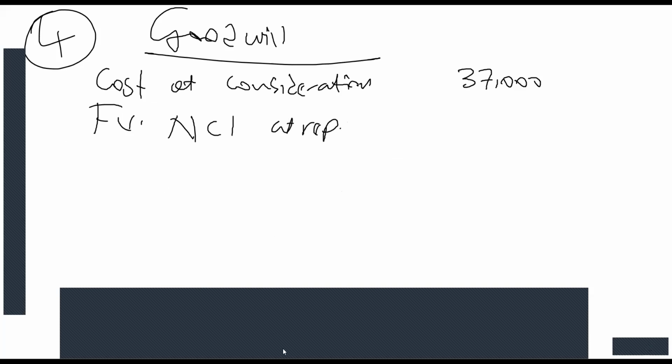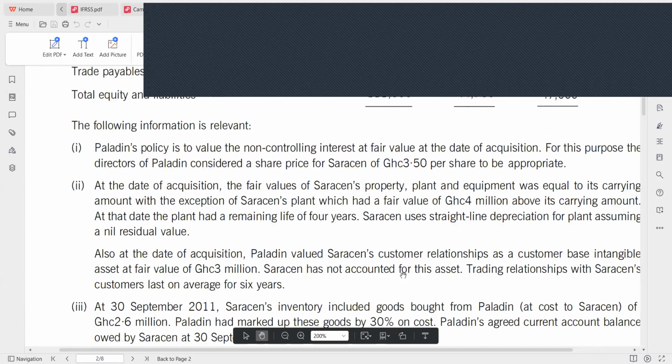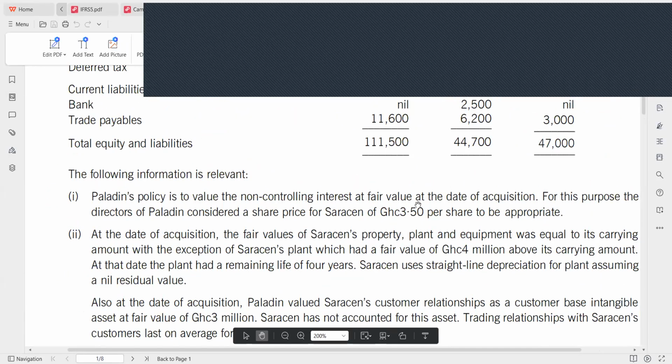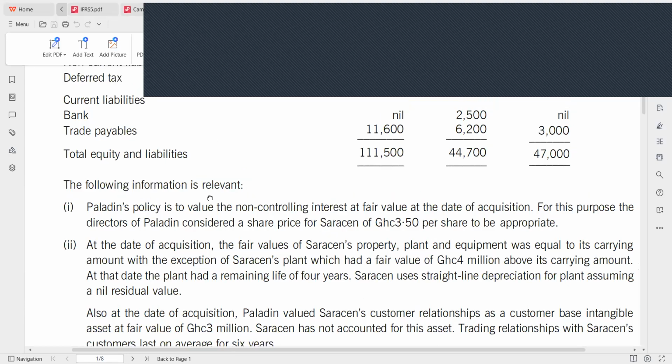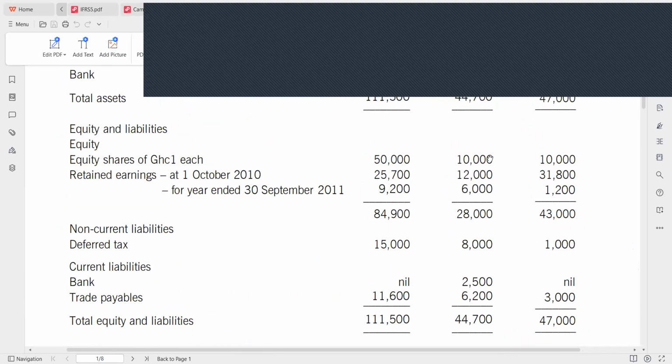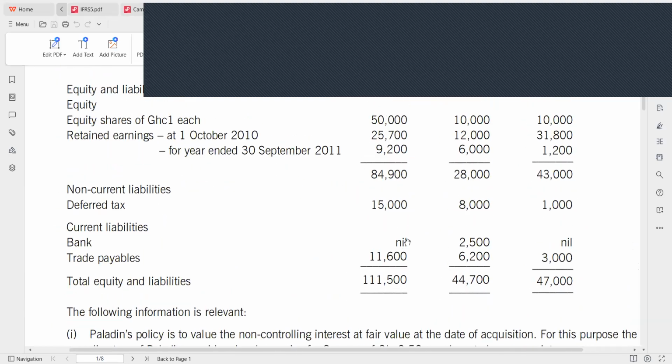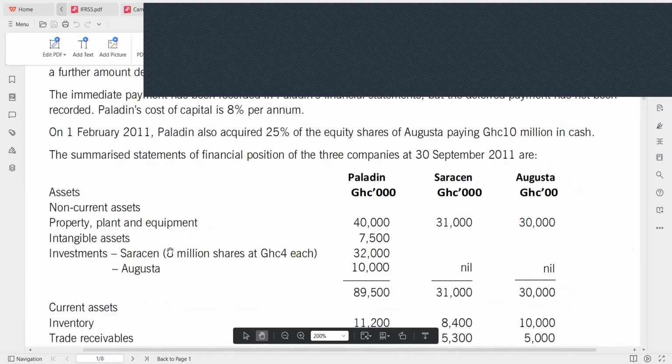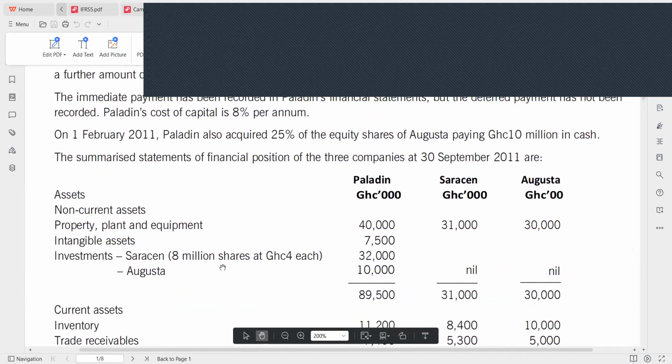They said we should use the number of shares. So go to the question. Another smart way that they will not give you the NCI figure is that they will give you the share price of the subsidiary. Now, if the entire shares of the subsidiary is 10,000 and parent has acquired 8,000 out of the 10,000, NCI will have how many shares?